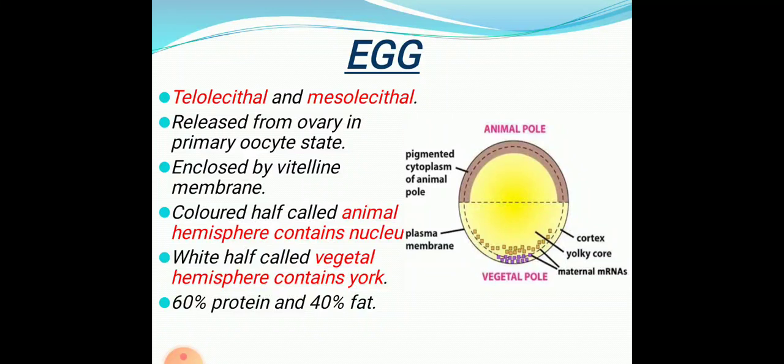Opposite to the animal pole, the other side is yellow in color, and this is because of the presence of yolk. This side is called vegetal pole. 60% protein and 40% fat is present in the yolk. In the diagram you see the yolk, the yellow color structure, in the vegetal pole.